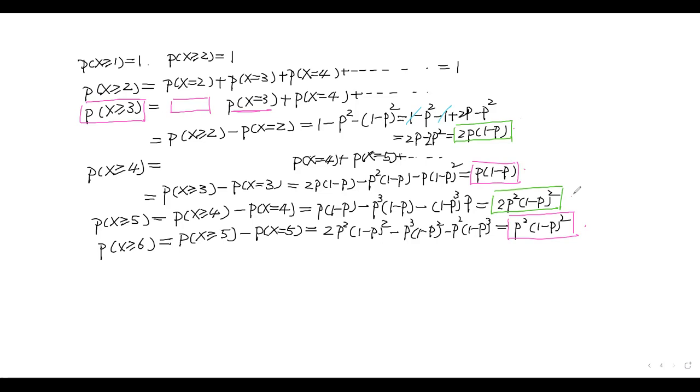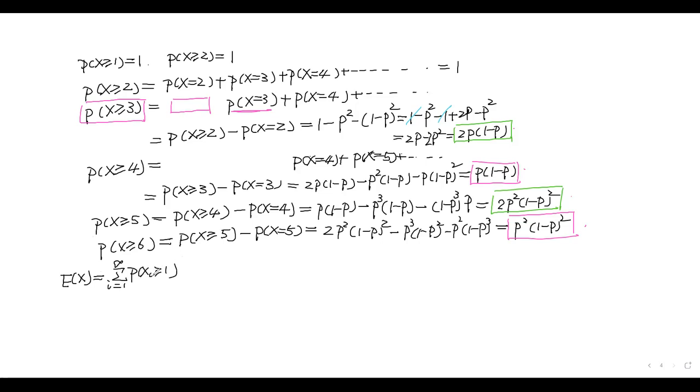Okay, so now we finally can do that. So the expected value of x, from part A, we said is the summation from i equal 1 to infinity of the probability x greater than or equal to i.